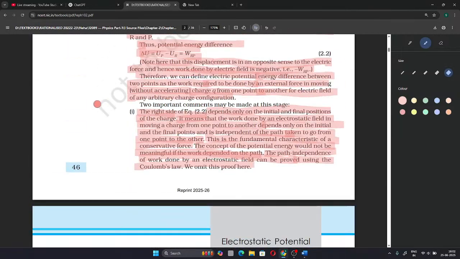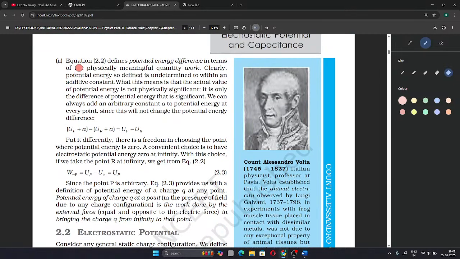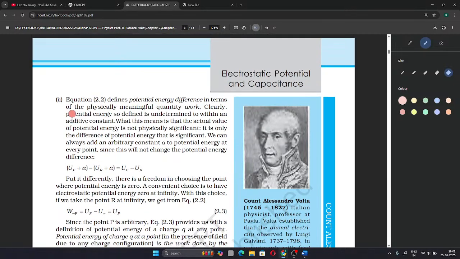And the second remark, or comment at least, on equation 2.2, which is that potential difference equals UP minus UR equals WRP. This equation defines potential energy difference in terms of a physically meaningful quantity, work.